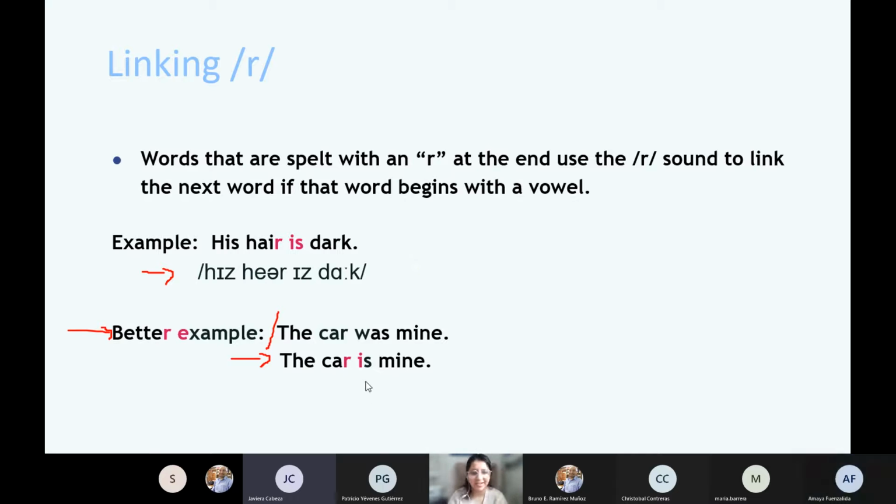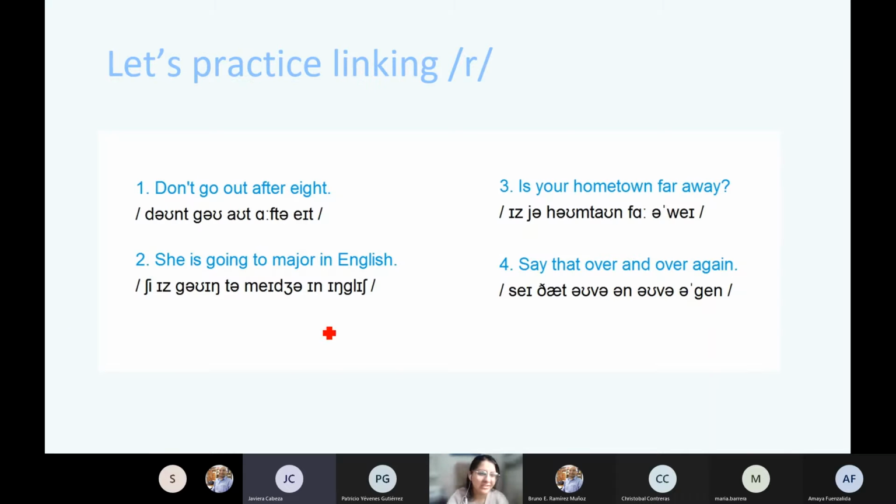That was good. Now we are going to do a little practice of the linking R. The first one says, don't go out after 8. I am pronouncing this one: don't go out after 8.